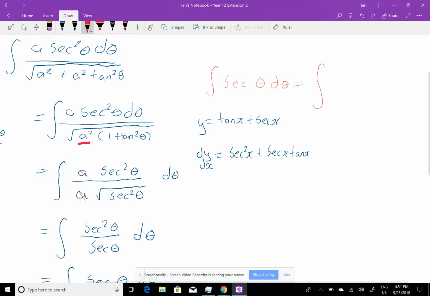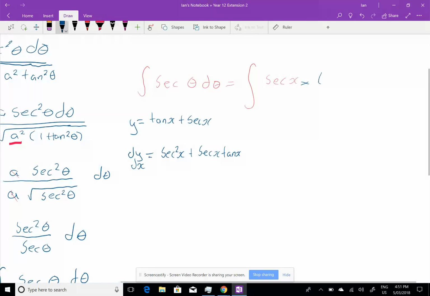Well, this is not intuitive, but we're going to multiply sec x top and bottom by the same thing, so we're not going to change anything. So we're going to multiply by sec x plus tan x on sec x plus tan x, dx.